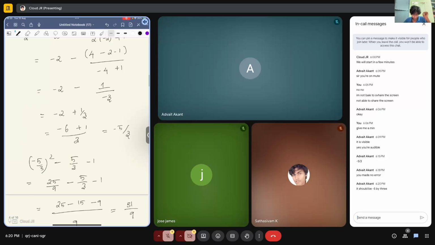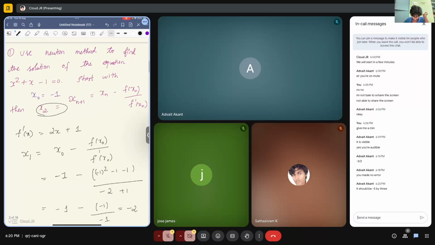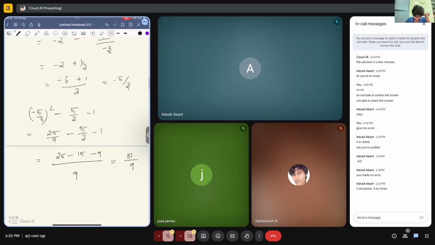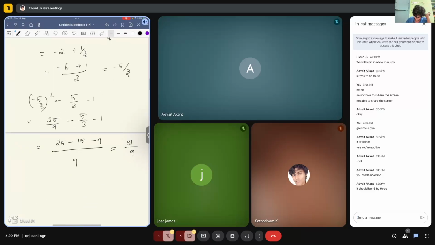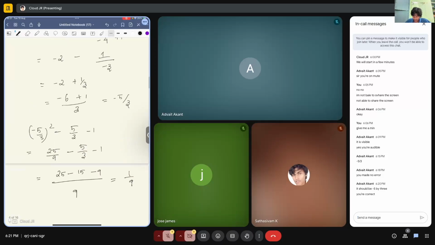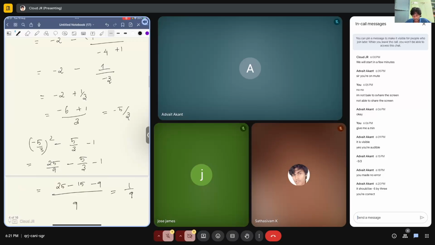If I am right, let me check once again. So this is 1, that is true. So minus 15, minus 9, so this is 10, 3. So this one by 9. Eventually you will end up getting a 0, but maybe not in the second iteration.